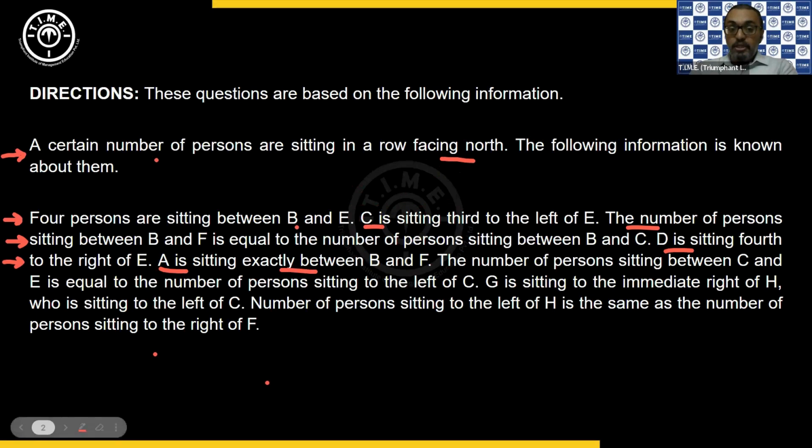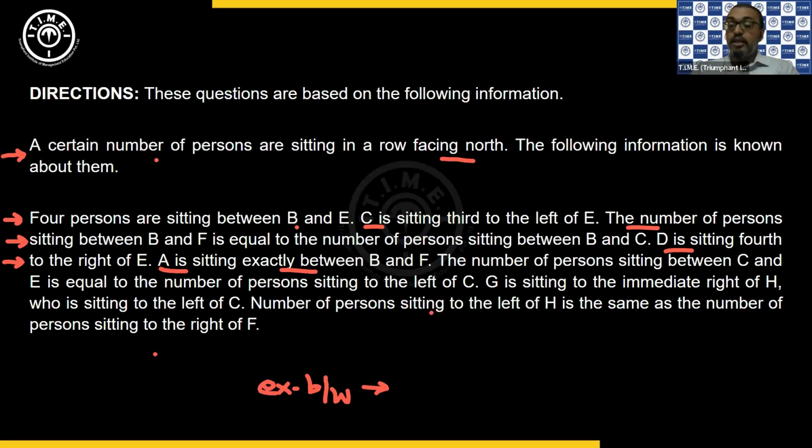See, always you have to understand what is meant by exactly between. How do I remember it? Based on the positions, because any condition, you have to always analyze them using positions. If you analyze them using positions, then it becomes easier to work it out. Now, what is meant by exactly between? How do you remember it?